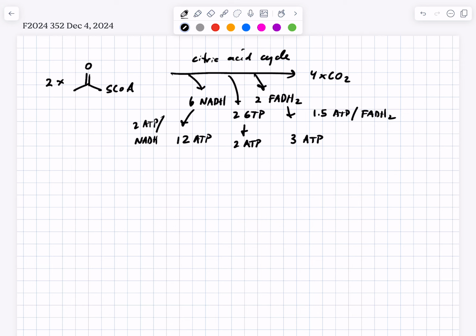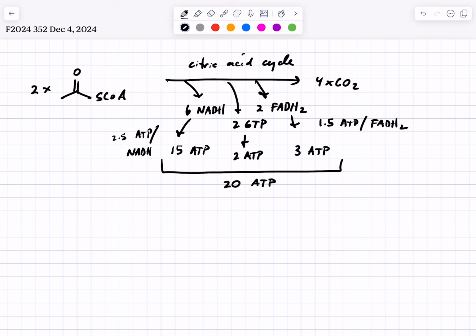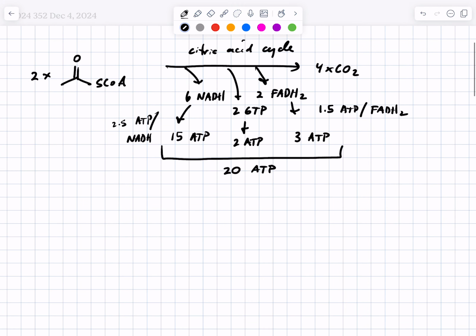So overall, from the citric acid cycle portion, if you add things up, we're getting about 20 molecules of ATP out of these 2 molecules of acetyl-CoA. You tack that onto what we earned from glycolysis and the pyruvate dehydrogenase complex, and you can calculate exactly how much ATP in general you can get per molecule of glucose. And we'll say something about that at the end.